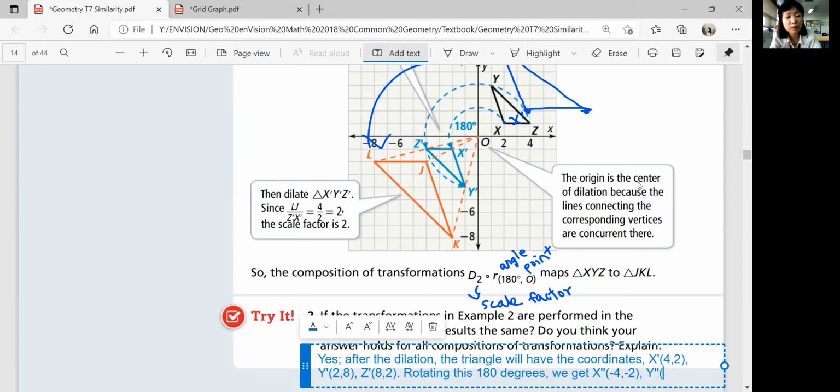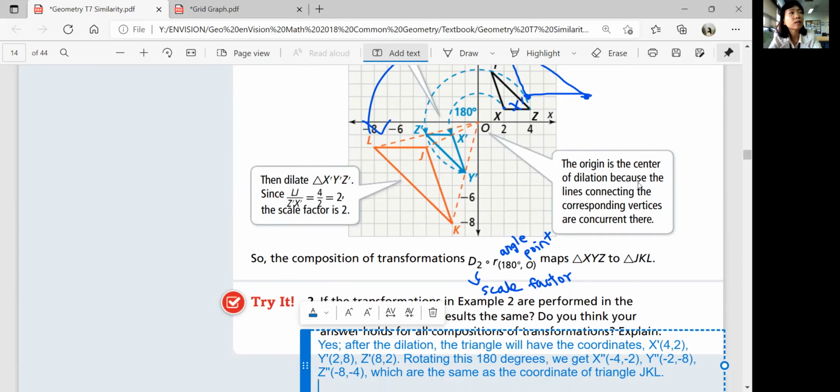Y double prime to be (-2, -8), and Z double prime to be (-8, -4). Okay. Which are the same as the coordinates of triangle JKL.